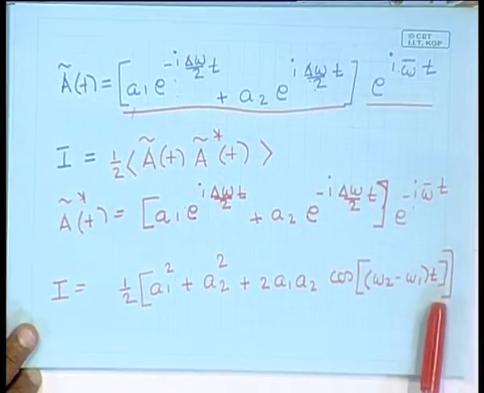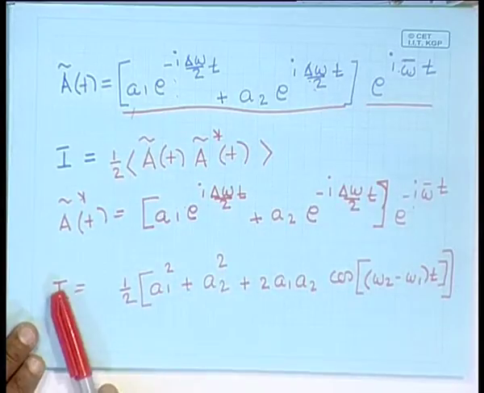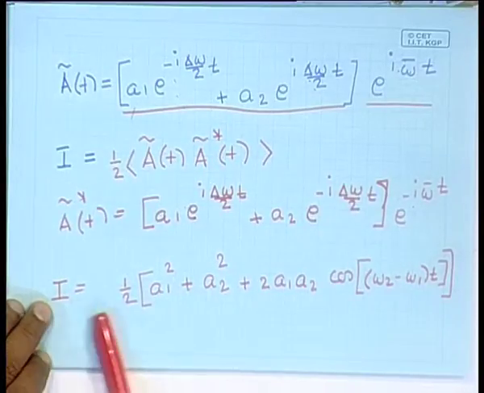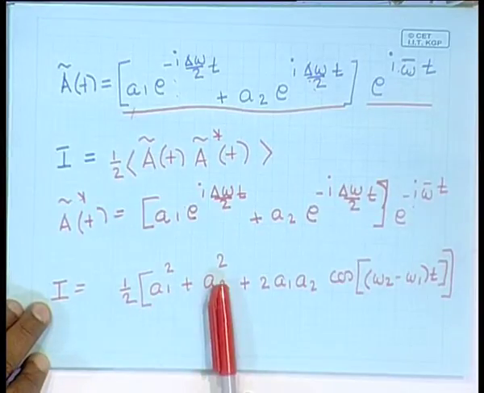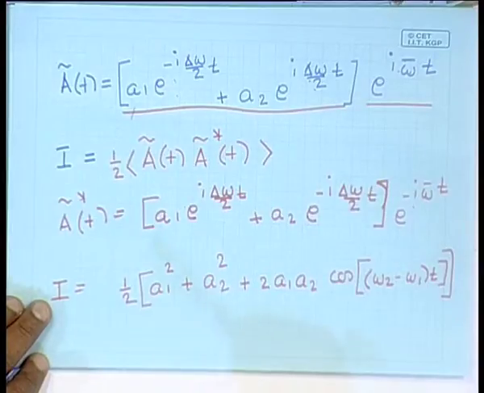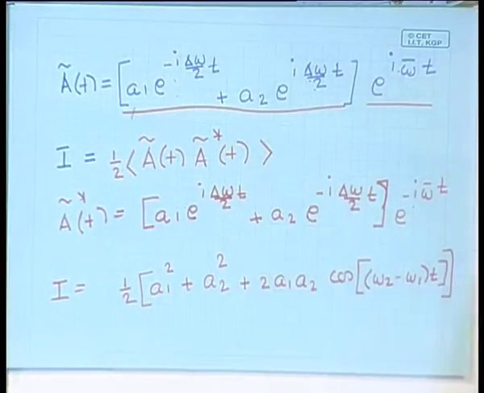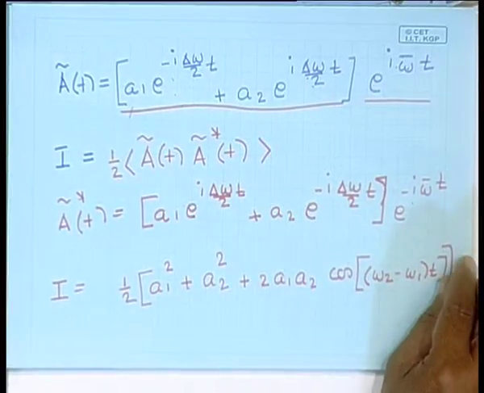And if a1 and a2 are exactly the same, the intensity is going to have a maximum value which is 4a square, 4 times the individual intensity, and the minimum value is going to be 0. If a1 and a2 are not identical, then the variation is not going to go between 0 and the maximum value; it will have a minimum and maximum value, the minimum being more than 0 and the maximum being less than what you have in this particular case.